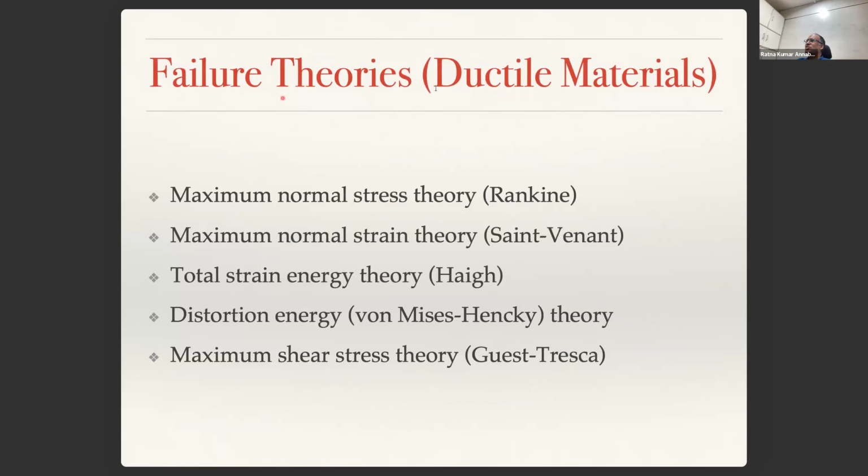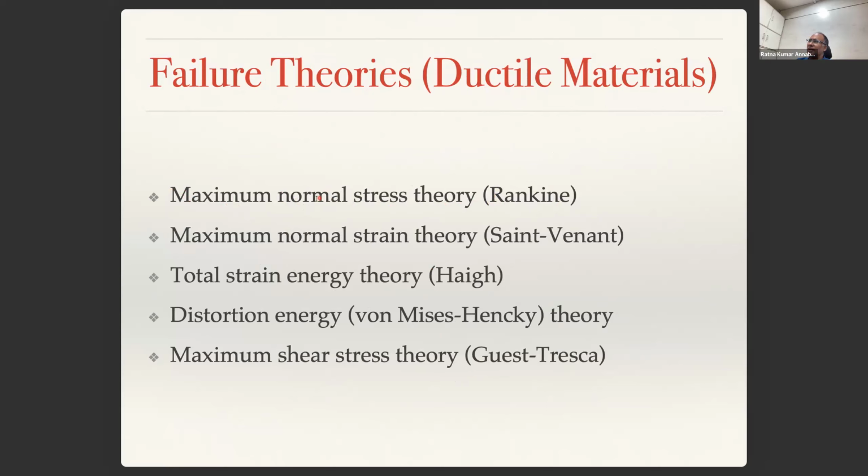So there are various failure theories for ductile materials. Historically there are these first 3 failure theories. The maximum normal stress theory is one of the very old failure theories, which is also called Rankine theory.